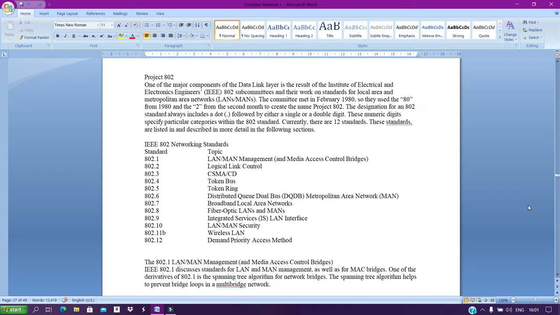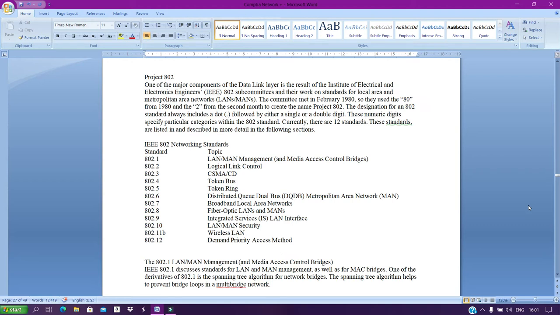Project 802. One of the major components of the data link layer is the result of the Institute of Electrical and Electronic Engineers, IEEE, 802 subcommittees and their work on the standards for local area and metropolitan area networks. The committee met in February 1980.